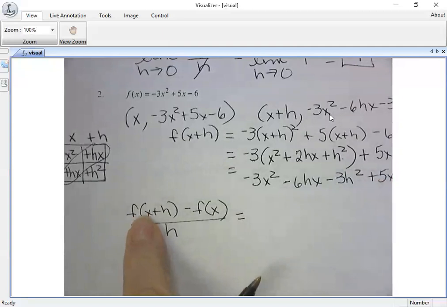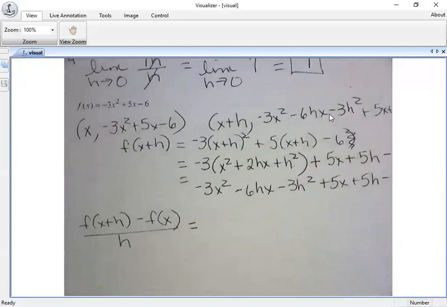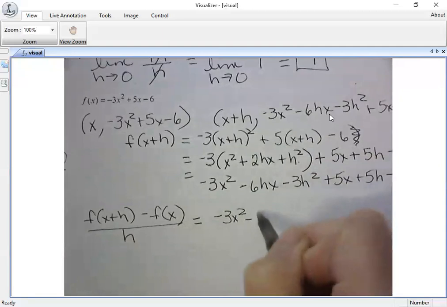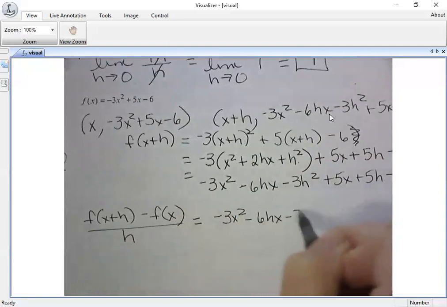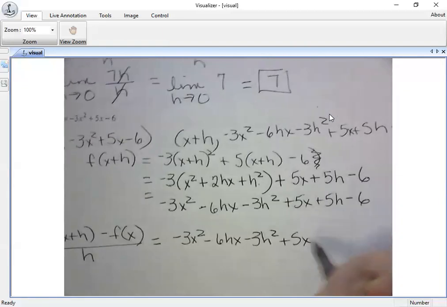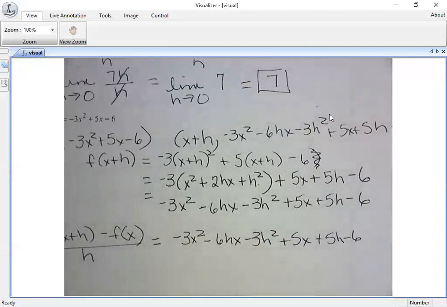All right, I need the y value of this big whopper over here. So I'm going to write down negative 3x squared minus 6hx minus 3h squared plus 5x plus 5h minus 6. If you want to put it in parentheses, you can, but since that kind of confused some of you a little bit ago, I won't put it in parentheses.